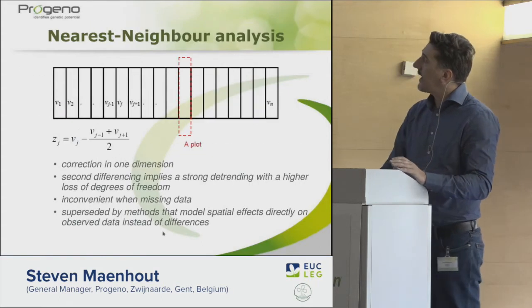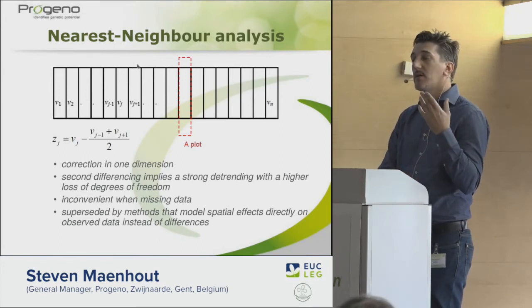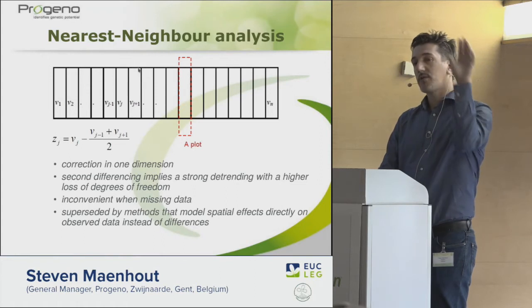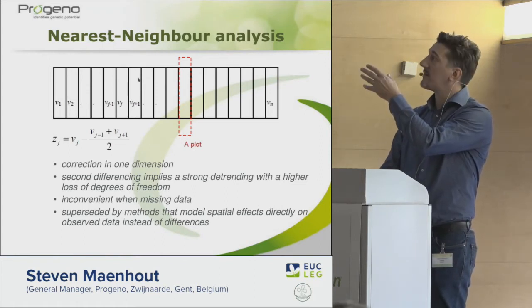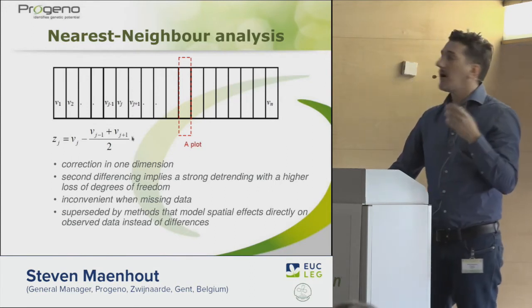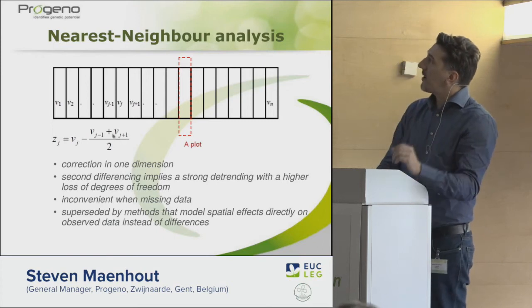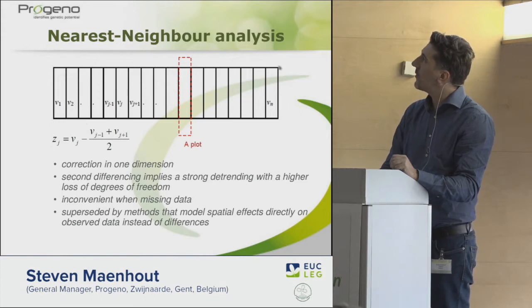Now, to give you an idea of this nearest neighbor analysis approach, we're trying to do again a similar spatial correction. Remember the autoregressive type of thing, that we don't have in a randomized complete block design simple analysis. So we're trying to do a correction that is a bit of a manual process. And this is what is called second degree differencing. So imagine that this is one row of your trial, and the V's are your responses.